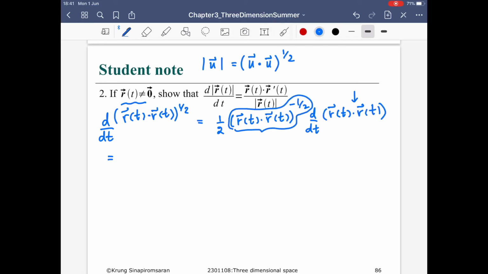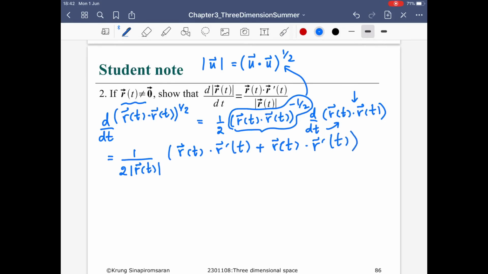And r(t) dot r(t) raised to the power negative 1/2, you use this one again, so you get 1/2, and then the length of r(t), and this derivative is simply the first derivative of the second dotted plus the second, and it happens to be the same derivative of the first, so they look pretty much the same.